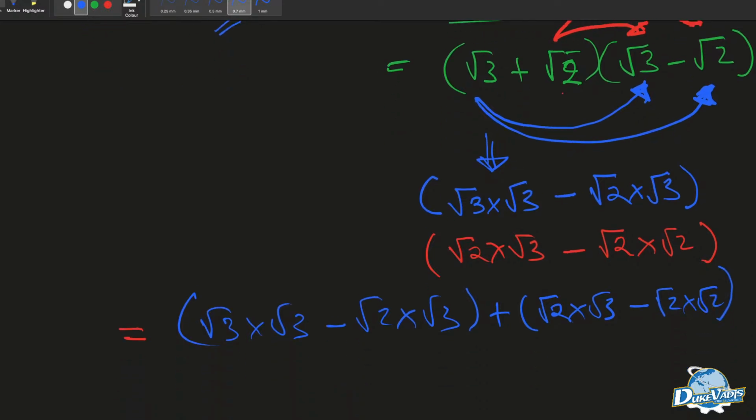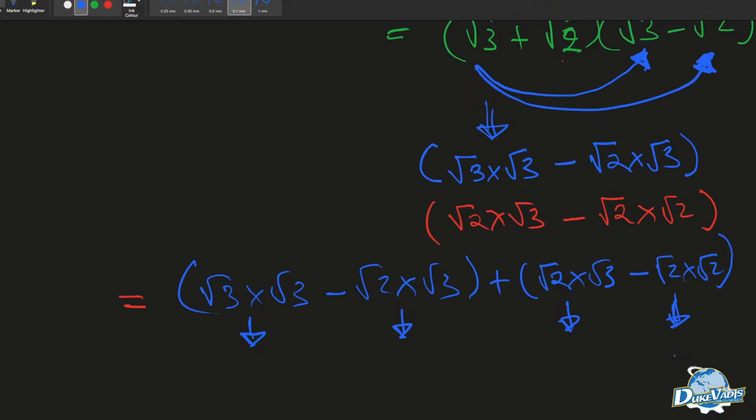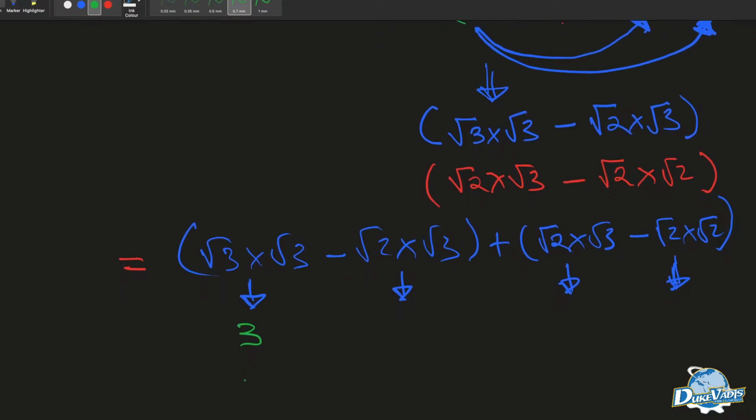Okay, now when we simplify this, we know that when we multiply this and that, and this and that, and this and that, and this and that. Okay, now what do we see? We know that when we multiply root 3 by root 3, we have 3. Bear in mind we have a minus here, and root 2 times root 3, we apply the principle we know.